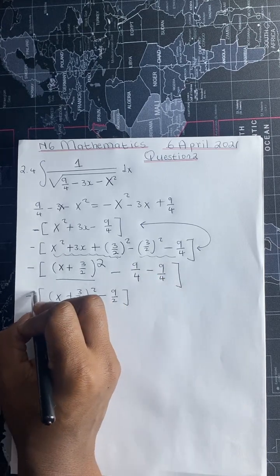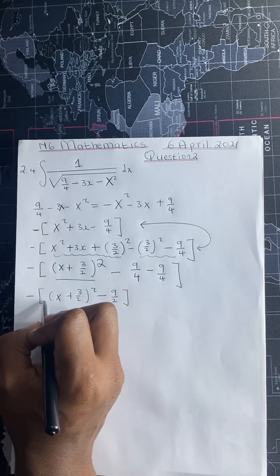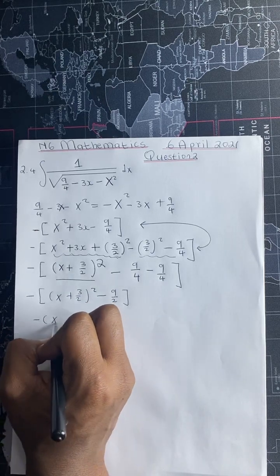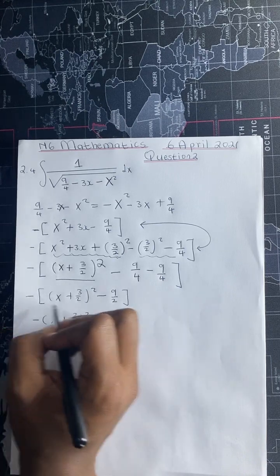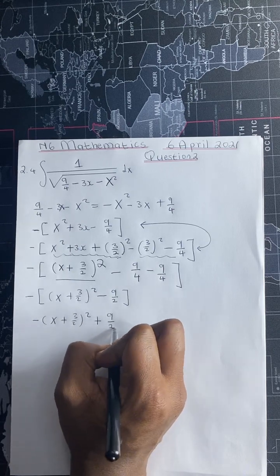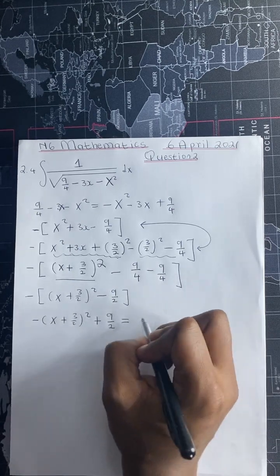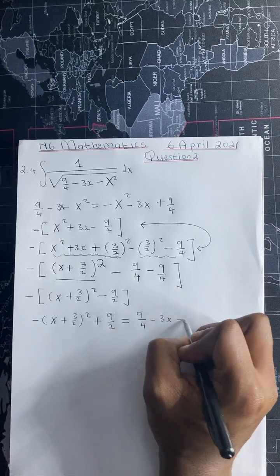So we can distribute this negative inside the parentheses. So this negative multiplied by this positive will be negative x plus 3 over 2 squared. This negative multiplied by that negative would be positive 9 over 2. So this is equal to 9 over 4 minus 3x minus x squared.